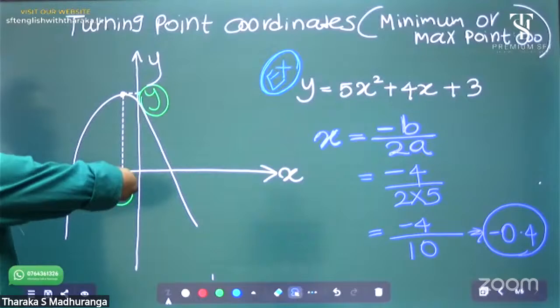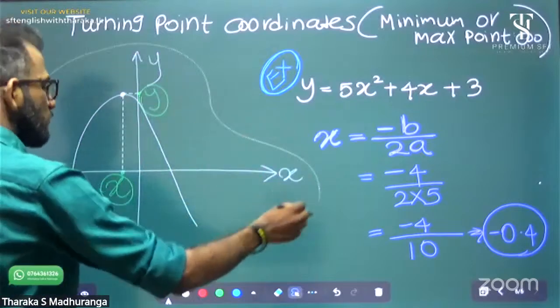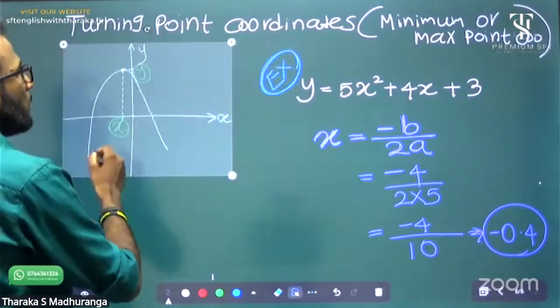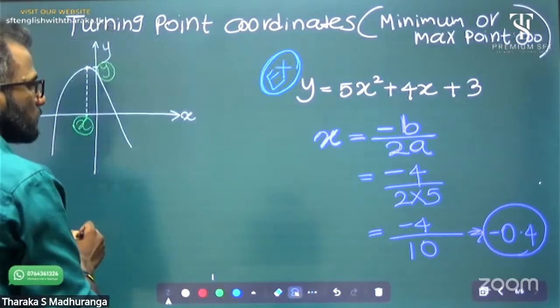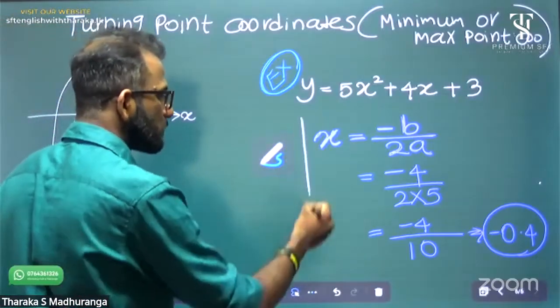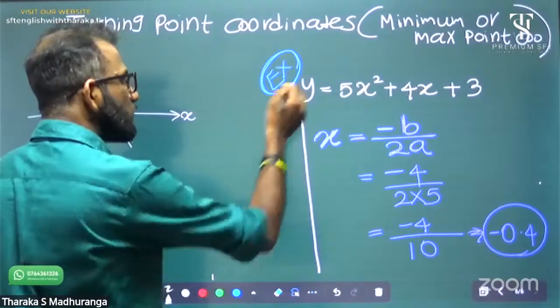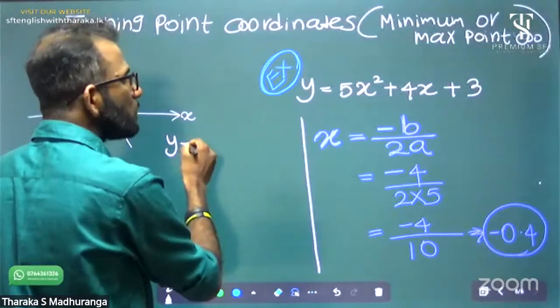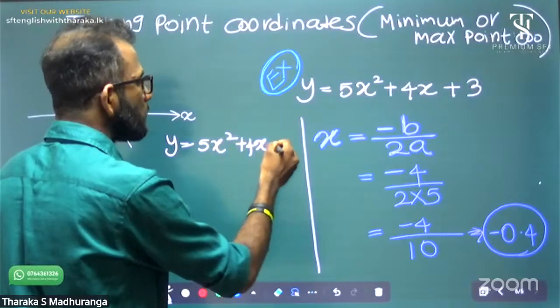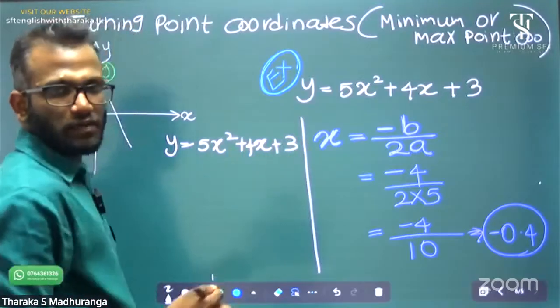That's a very basic method. What is our basic given equation? y equals 5x squared plus 4x plus 3 is the basic equation.